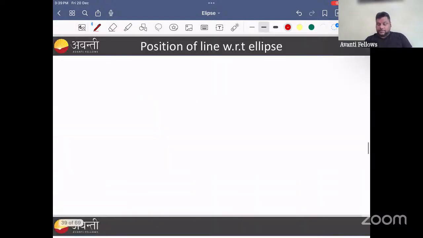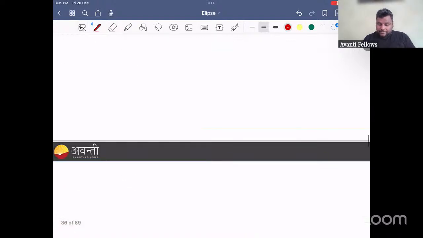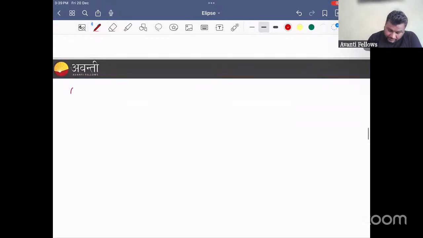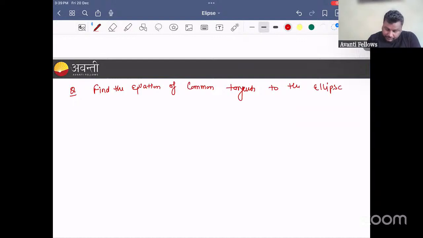Now, all right. So a few things we will do. Find the equation of common tangents to the ellipse x square by a square plus y square by b square equals 1 and x square by b square plus y square by a square equals 1.